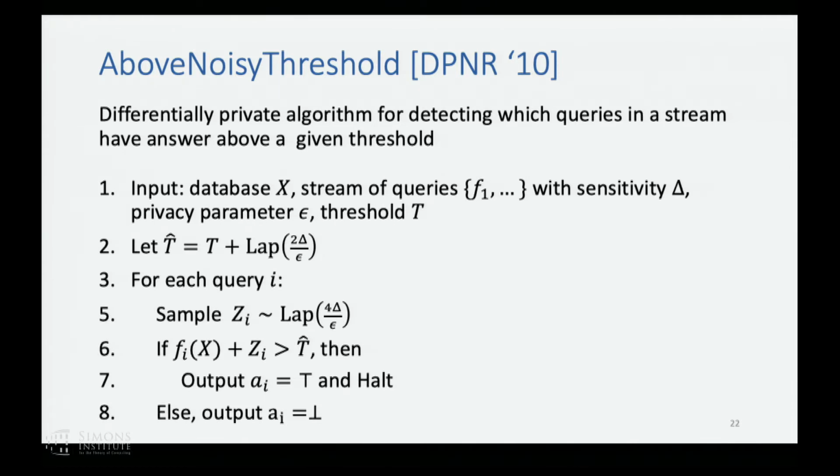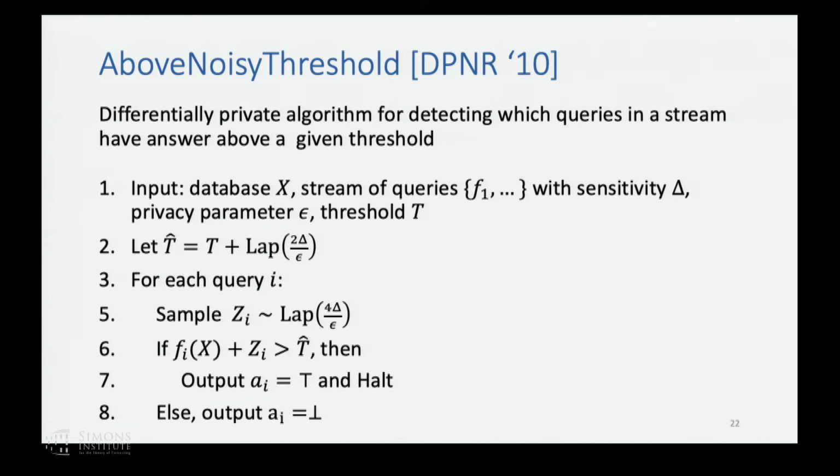It takes in some input database and a stream of queries, sensitivity bounds, a privacy parameter, and some threshold t. We're going to first noise up our threshold, and then for each query, we're going to sample Laplace noise again, and we're going to check if a noisy answer to that query on the data is above a noisy version of the threshold.